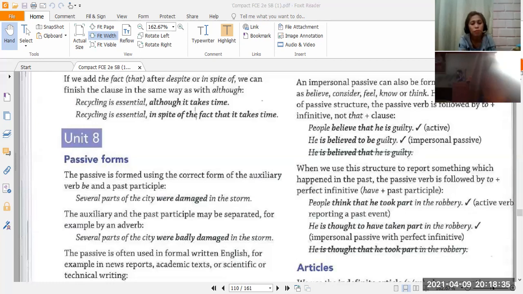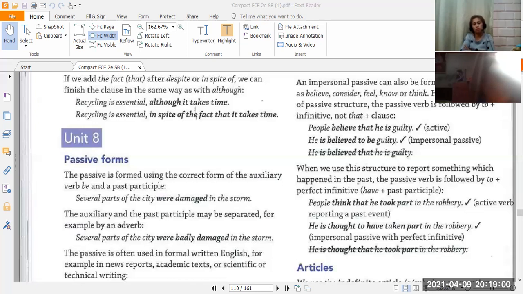Passive: A man was saved by the lifeguard. Active: Decorators are painting my house. Passive: My house is being painted. Here are 3 examples of the passive. Now, let's look at this grammar in more detail.